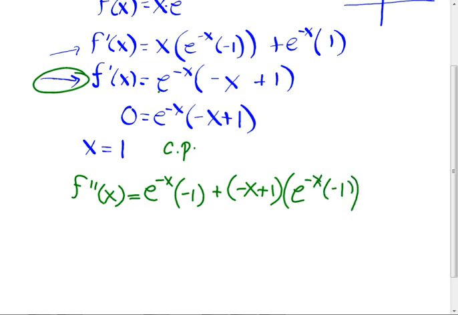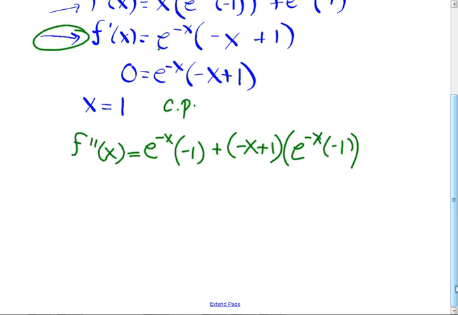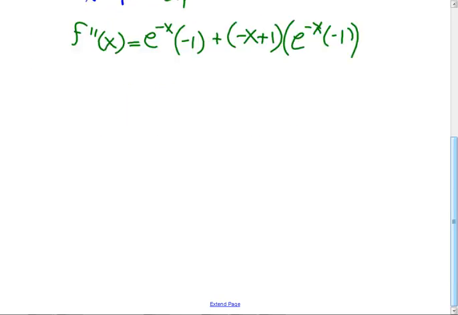And let's just put in the 1. That's all I care about. I don't have to simplify that. So let's keep it simple, right? So I want f double prime of 1. So it's e to the negative 1 times negative 1, whatever that is. And what happens to this? It's 0. So 0 times any number is 0.